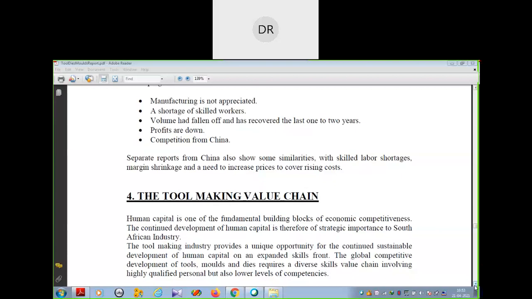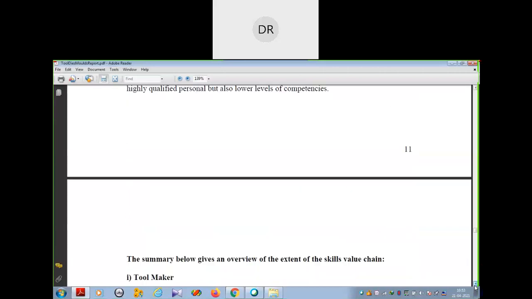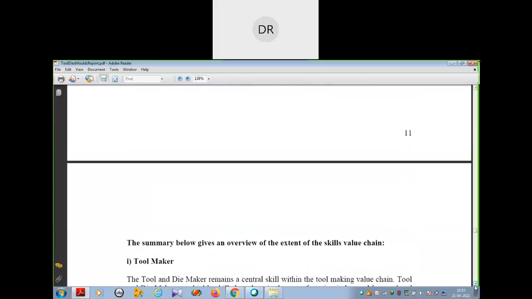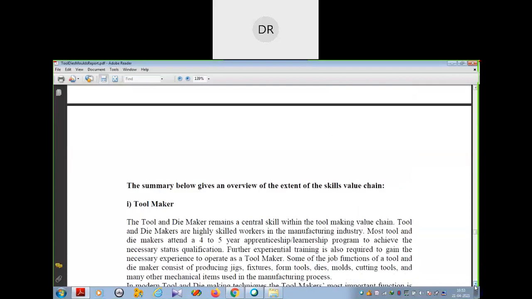The global competitive development of tools, molds and dies requires a diverse skill value chain involving highly qualified persons, also the lower levels of competence. So this summary below will give an idea of the extent of the skills value chain.